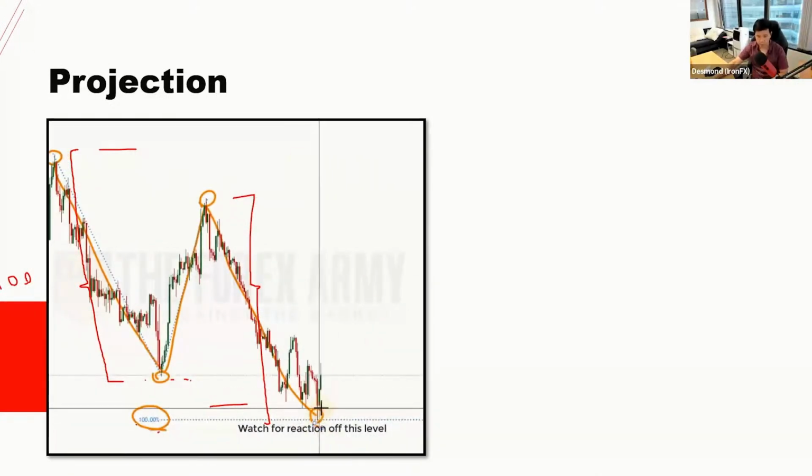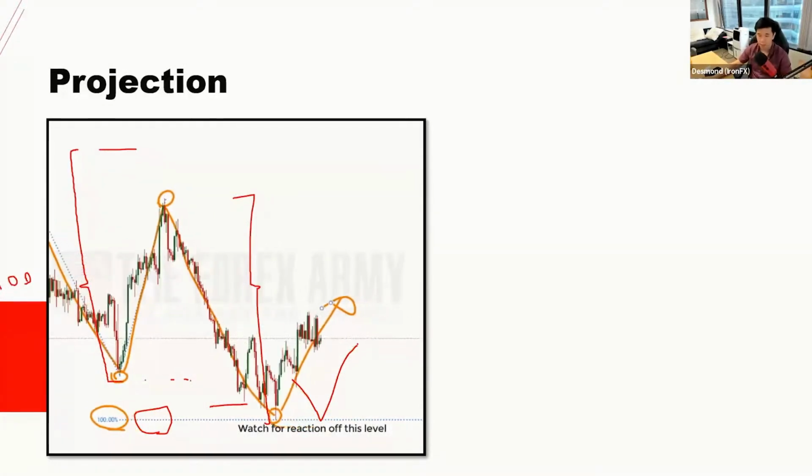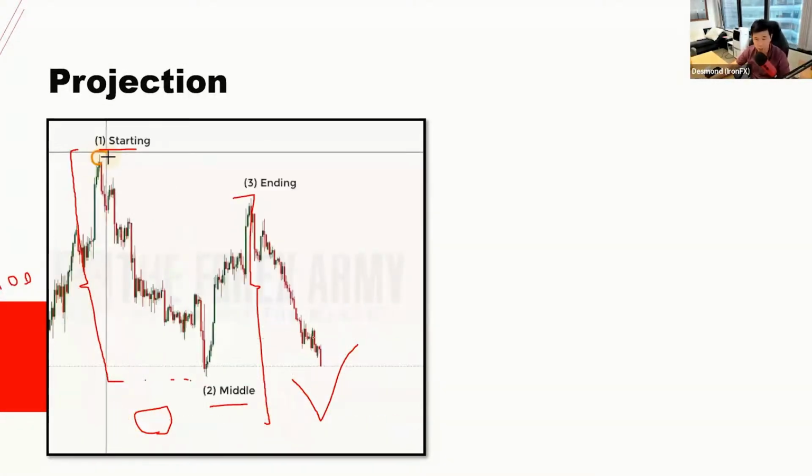That is what it means by a 100% Fibonacci projection. It means that you're looking for price to touch and then bounce from there.